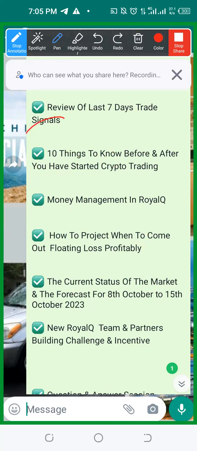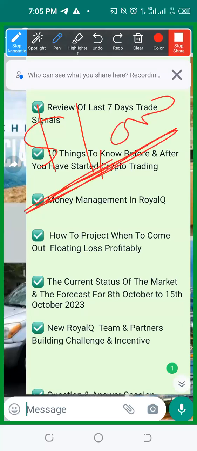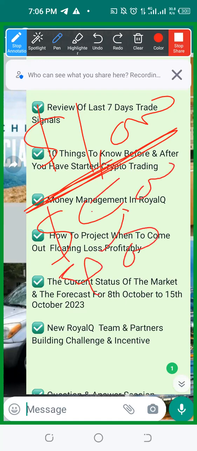Even if you have $1,000, please don't use $1,000 settings. Go and use $500 settings or $400 settings. That's the way you can manipulate this setting so that it can make more profits for you.